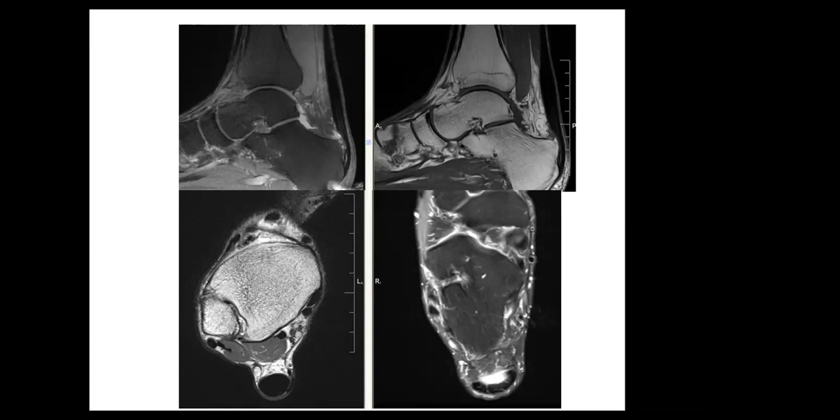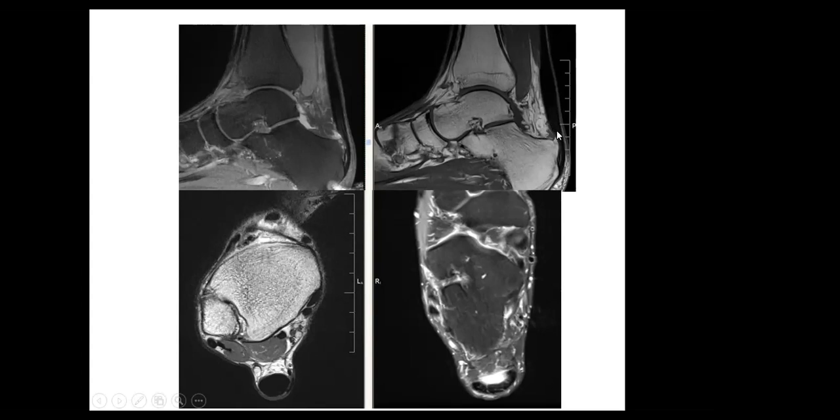Retrocalcaneal bursitis and non-insertional tendinosis go together because they are both biomechanical, because of the overuse of the Achilles tendon. Maybe there is Haglund deformity here, but not very convincing.